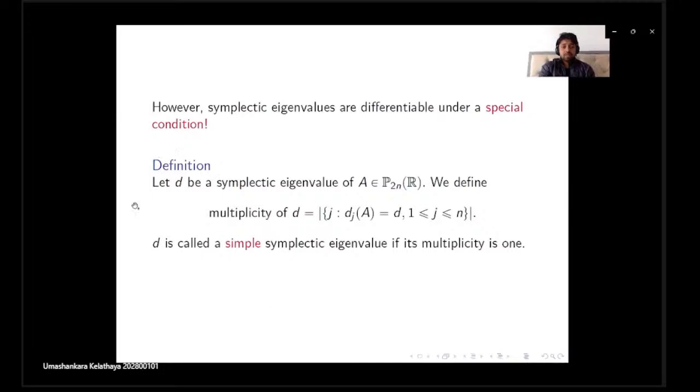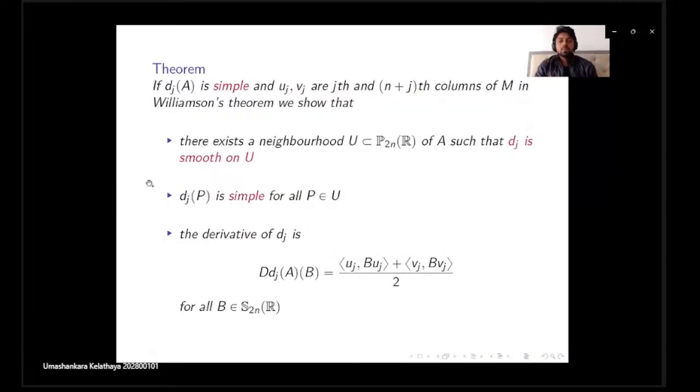Before that, we have this definition. We define multiplicity of a symplectic eigenvalue D to be the number of times it is repeated as a symplectic eigenvalue of A. And we say that symplectic eigenvalue D is simple if there is exactly one symplectic eigenvalue of A equal to D, the rest all are different from D. We have the following result on differentiability of symplectic eigenvalues.